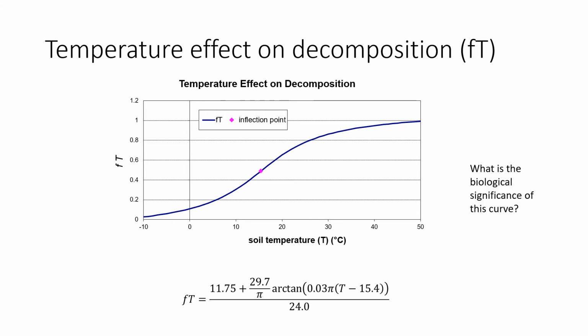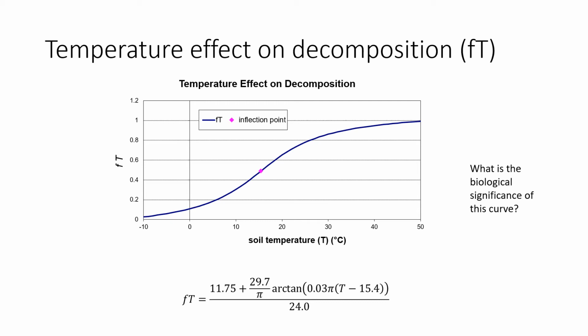And the biological significance of this curve, I've sort of talked about it already, but the main thing to look at is that the rate of decomposition would change as the soil temperature changes. So between 10 and 30 degrees C, for every degree C increase, you get a much more rapid increase in this function than you would get if you increased temperature between minus 10 and 10 or between 30 and 50.